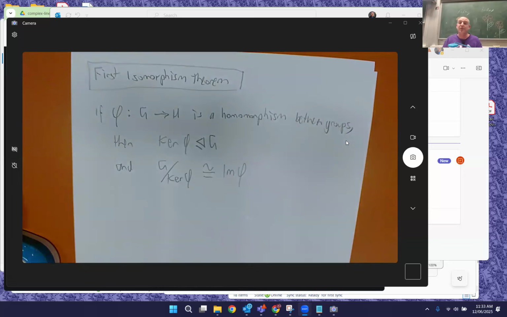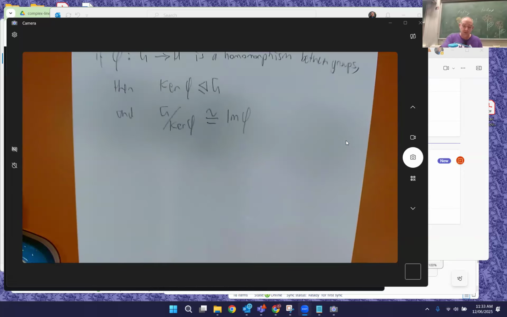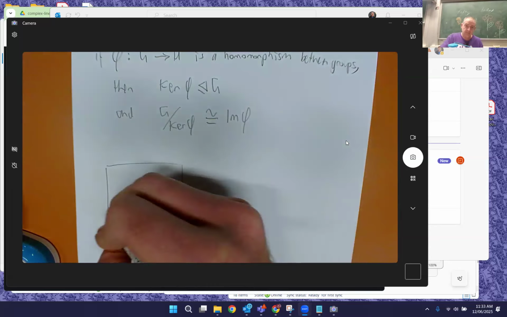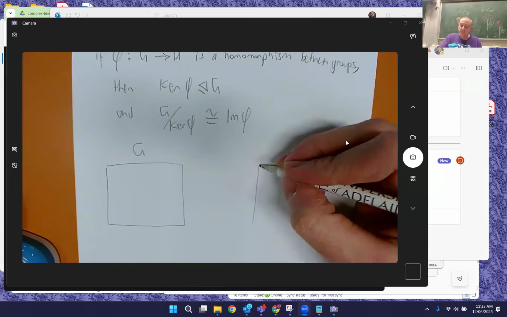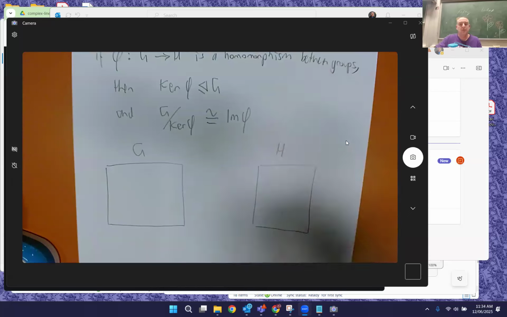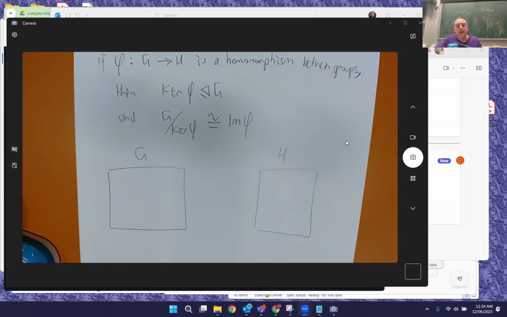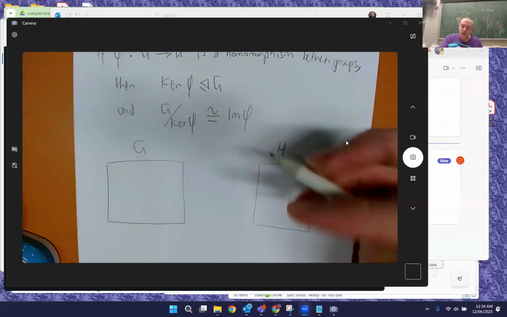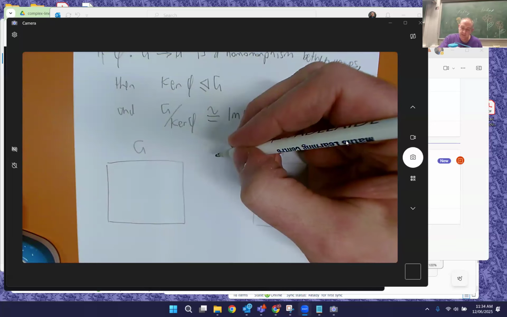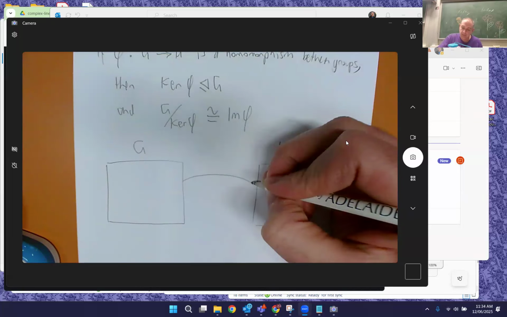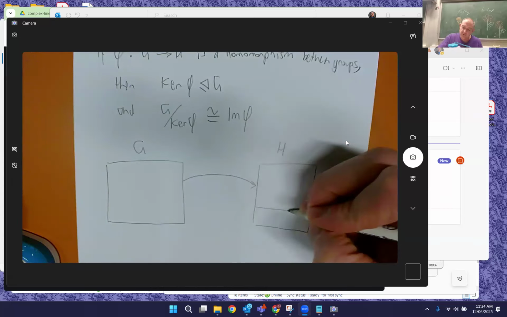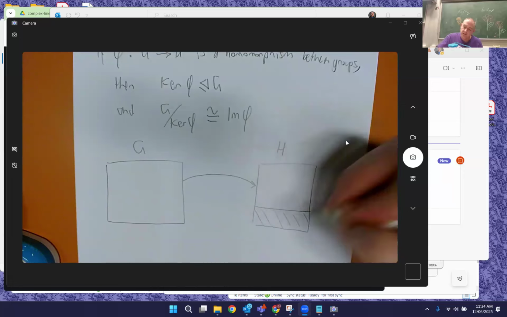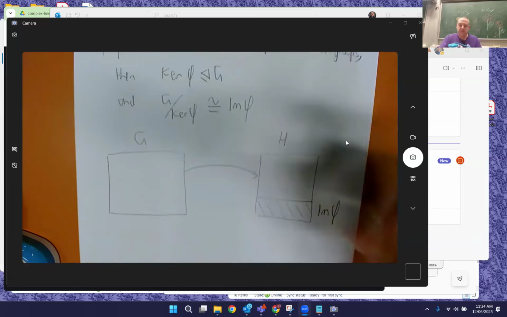Okay, I'm going to draw a picture of this. So here's G, and here's H, and there's a homomorphism between them. I'm going to draw the image of phi here.